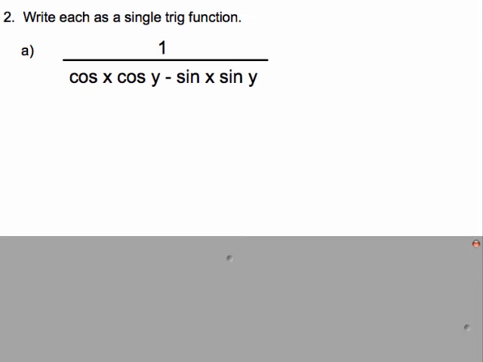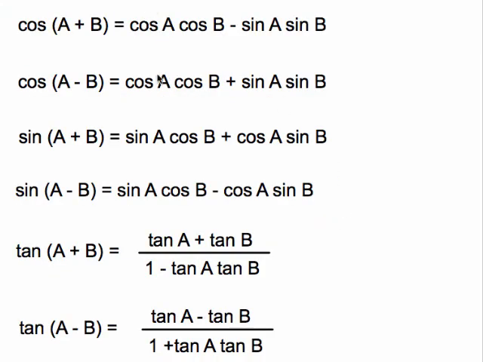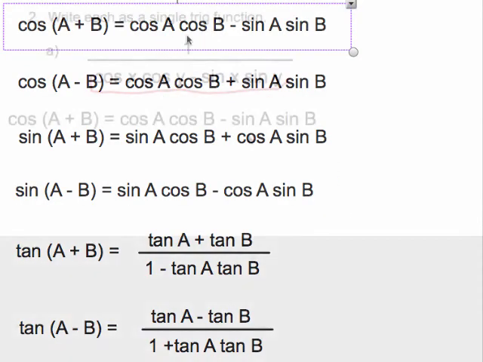Another thing we often do with identities is take expressions and reduce them to simpler ones. So we have 1 over cos x cos y minus sin x sin y. And with time, as soon as you see a pattern like this, you'll hopefully recognize that that's one of the addition angle identities. So you can go and look it up. Cos cos minus sin sin, there it is right there.